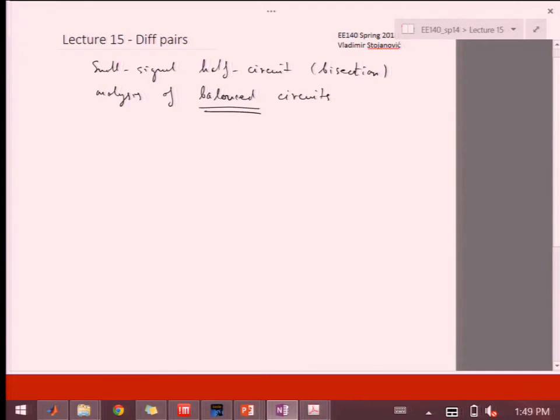So balanced is key. If it's not balanced, you can't apply these concepts. You have to look for where the mismatch is.